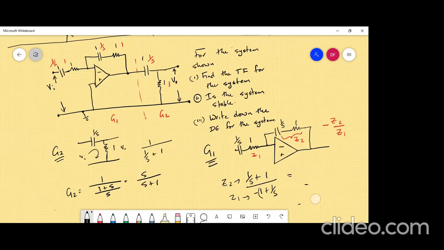So minus Z2 over Z1. So it's going to be 1 over S plus 1 over 1 over S plus 1. So let me make this 2.